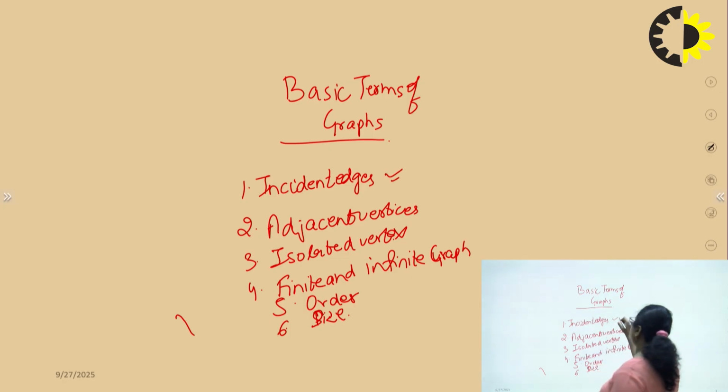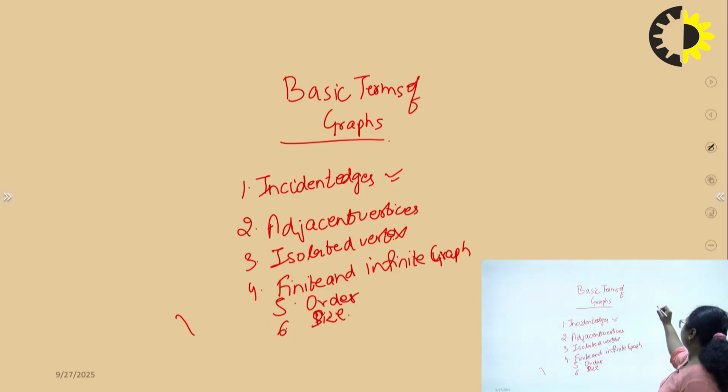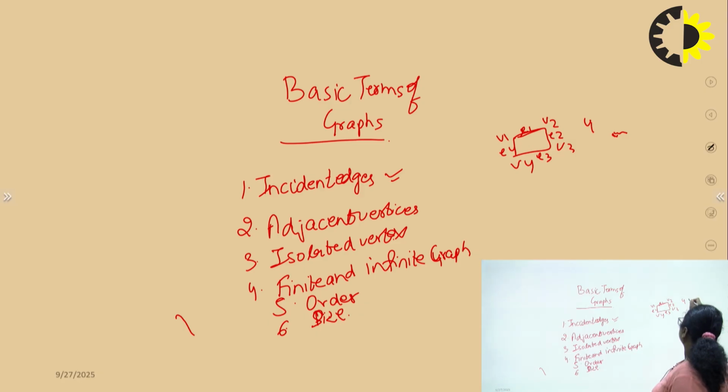So the first one is incident edges: the number of edges incident on a vertex. Suppose we have this graph, with edges E1, E2, E3 and E4. The edges incident on V1 are E1 and E4.